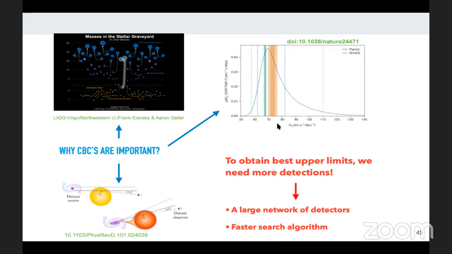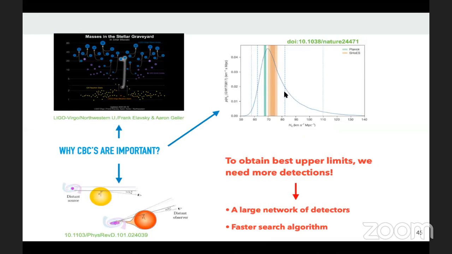I won't go into details, but this is what we try to understand: how the H naught value changes. Here we have seen the constraint put by the Planck and supernova studies, which is of this order, whereas the gravitational wave study shows a huge variance over here.